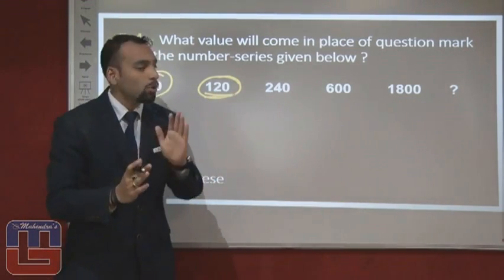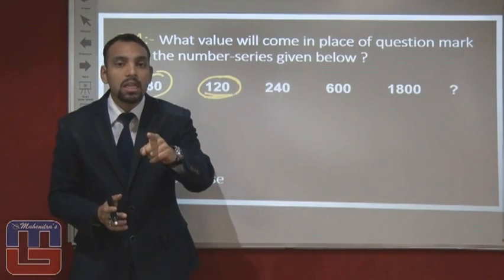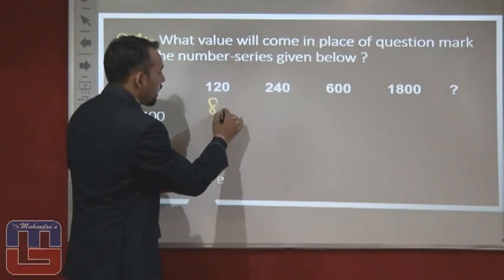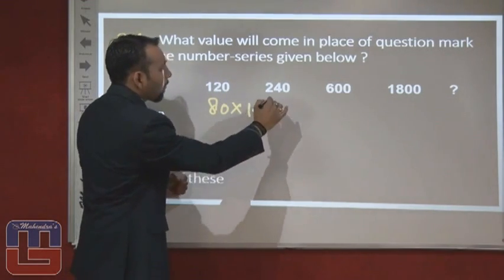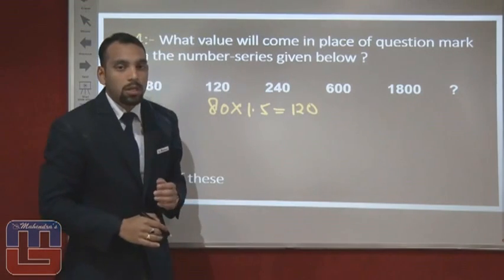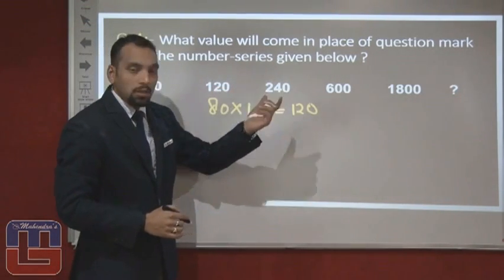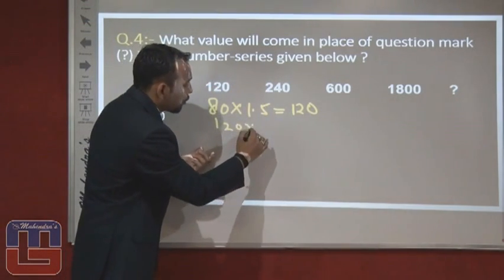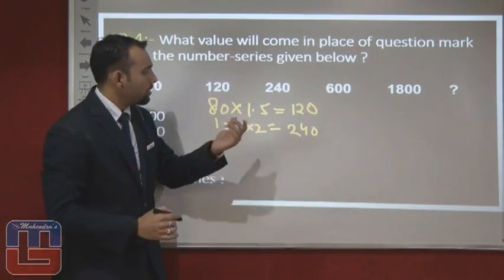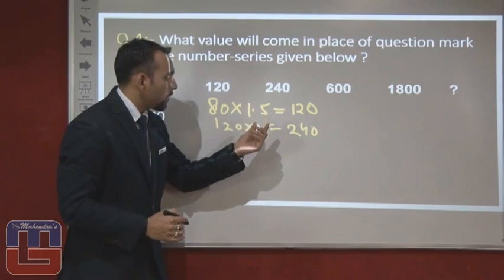So how will we get 120 from 80? By multiplying by 1.5. So you can apply the logic. 80 into 1.5 will be equal to 120, and 120 multiplied by 2, you will get 240. So there is a logic: this is 1.5, this is 2.